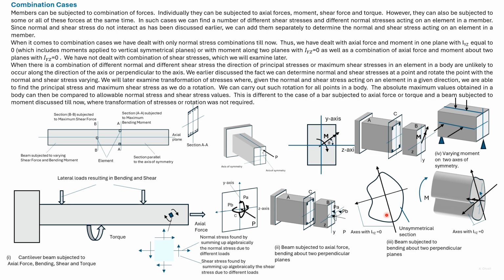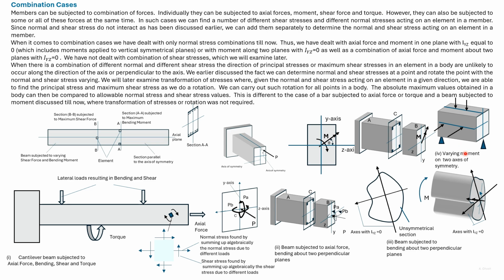Earlier, we also dealt with the unsymmetrical section. With an unsymmetrical section, we first need to find out the principal centroidal axis with the product of inertia zero. If the moment applied does not align with any of the two axes, then as before, it can be resolved into moments that act along the two axes.